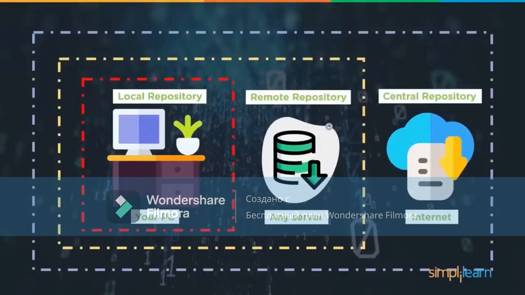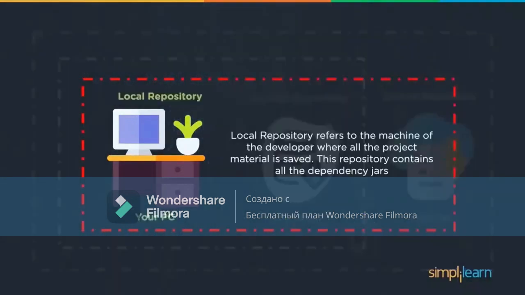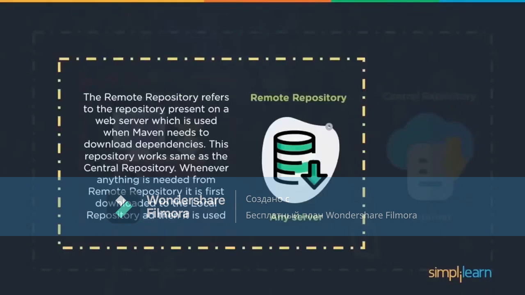Usually the central repository is where we can host our different kinds of dependencies and jar files. The local repository is on the machine of the developer where the project material is saved, so all the dependency jar files will be available on your local machine. A remote repository is the location where you can store all your dependencies, from where you can download them whenever you require.